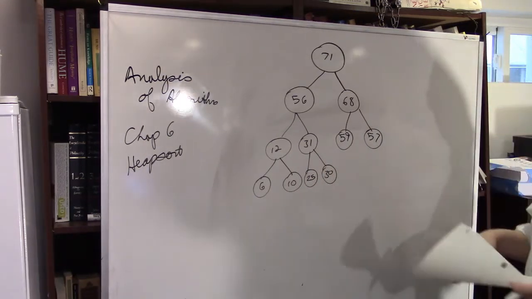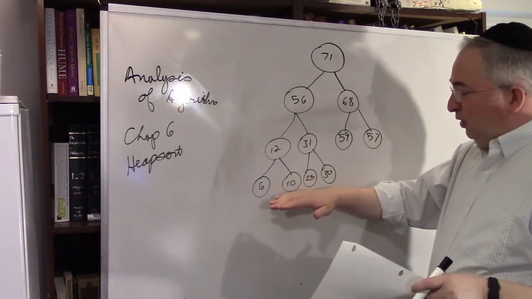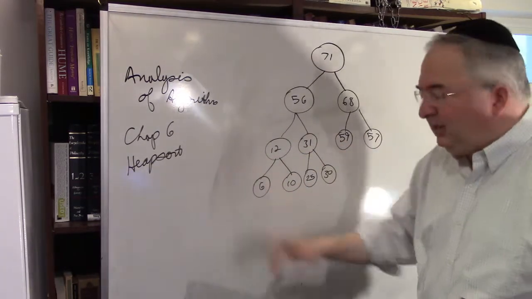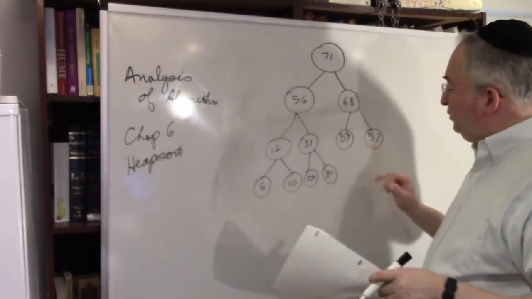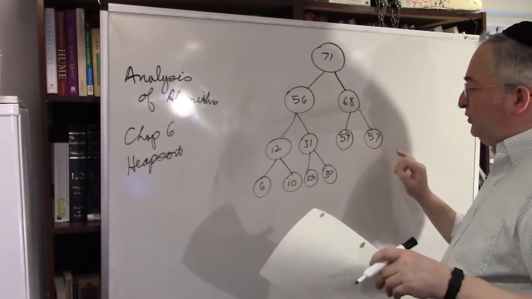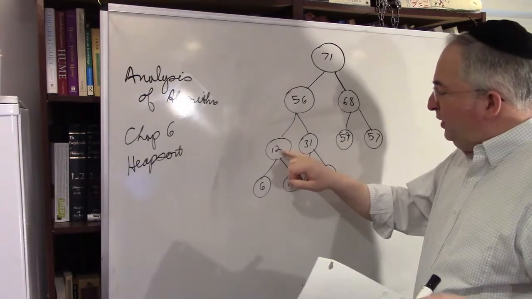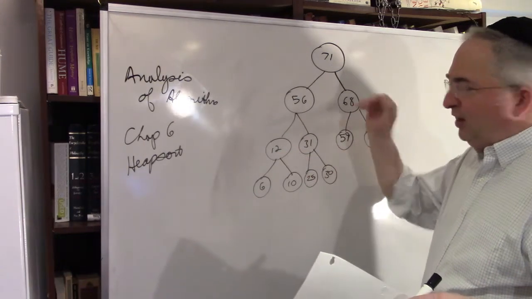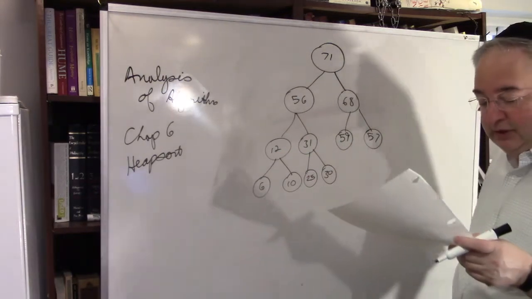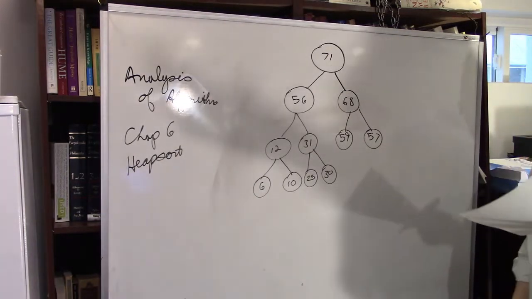Notice it's a heap. This is complete. There's more, but everything's packed to the left. Notice every father is larger than his children. We don't require that the left child is larger than the right child, or, look at this, here's a nephew, and he's bigger. We don't care. Just every father is larger than both of his children.